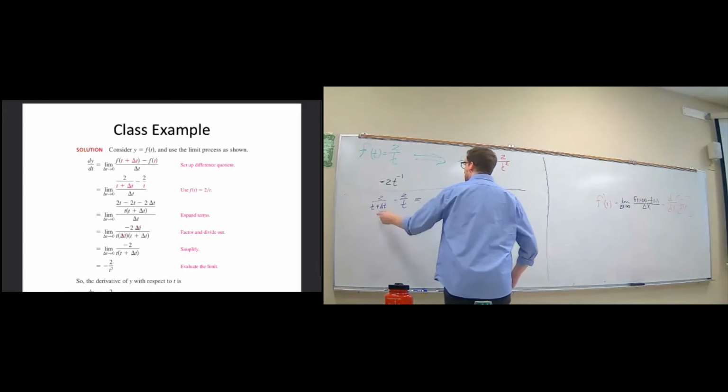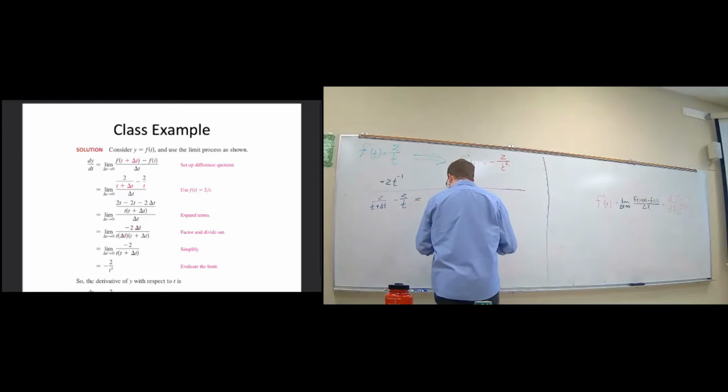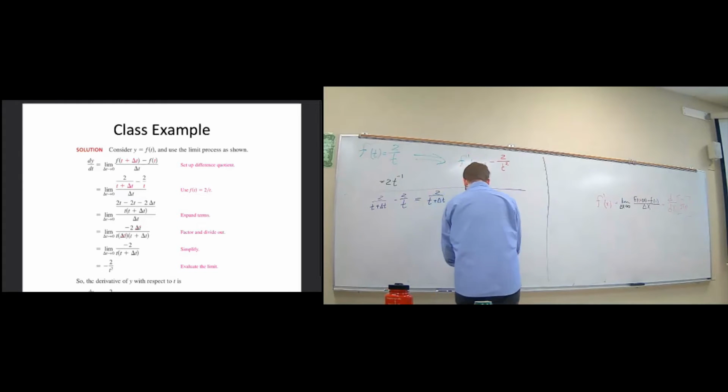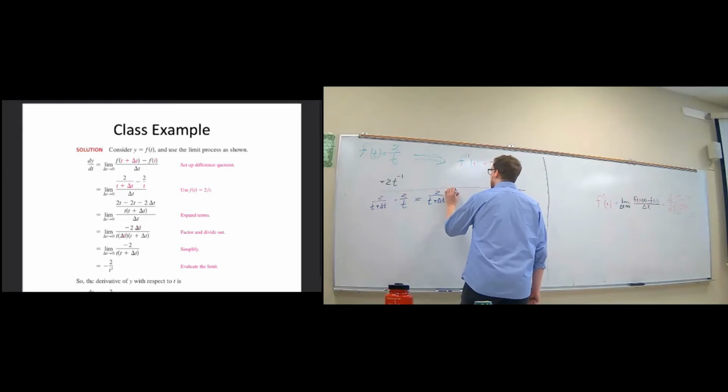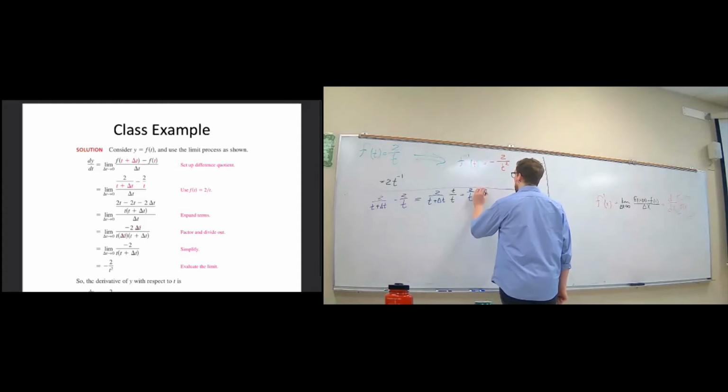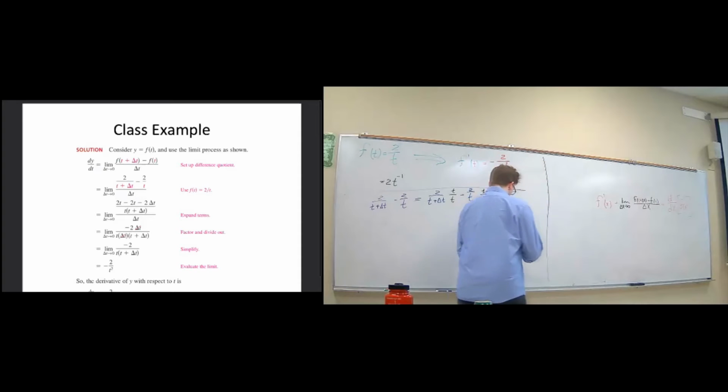Now this thing can be rewritten as 2 over t plus delta t times t over t minus 2 over t times t plus delta t over t plus delta t.